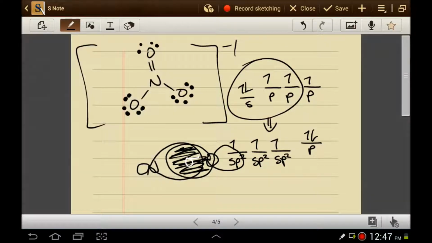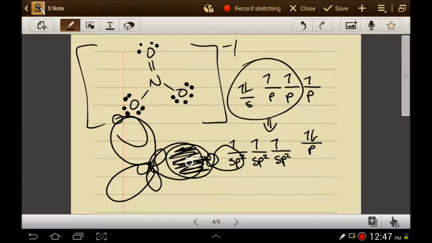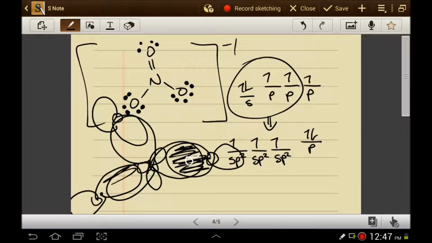And it's going to do that 3 times so that it can make 3 sigma bonds with the 3 oxygens. And yeah, what you get here is the disaster, as the picture goes, but we're making 3 sigma bonds.